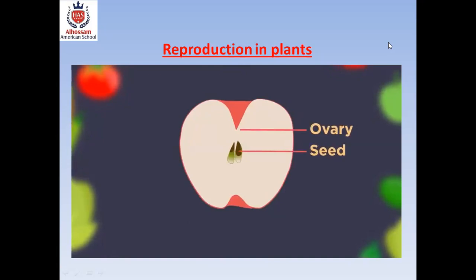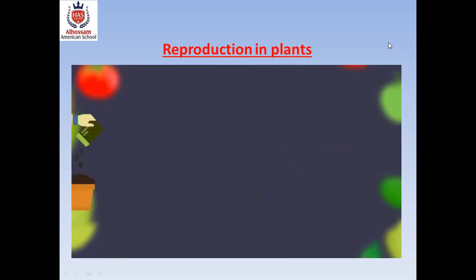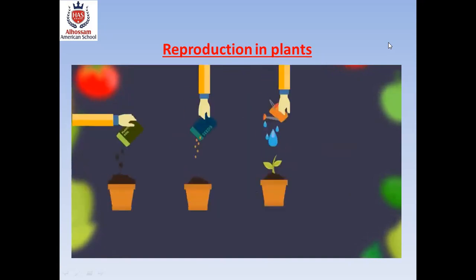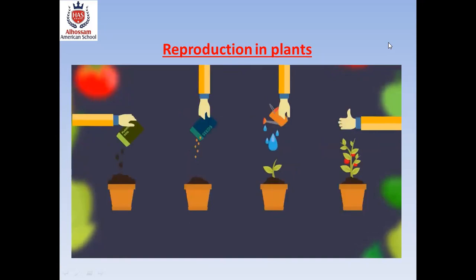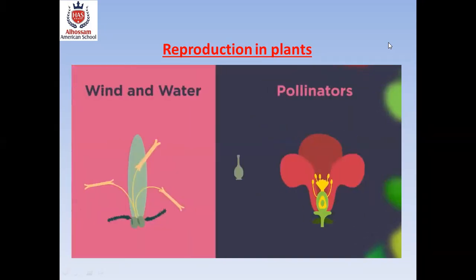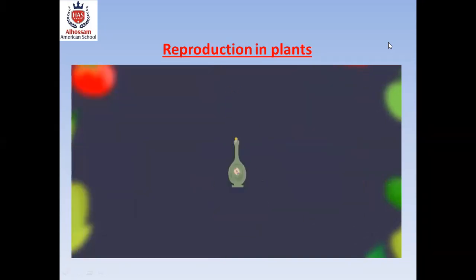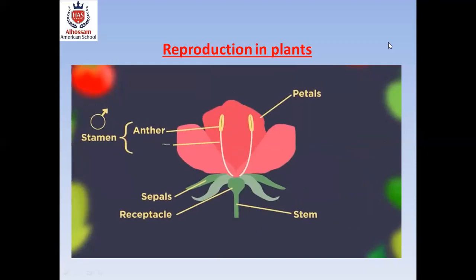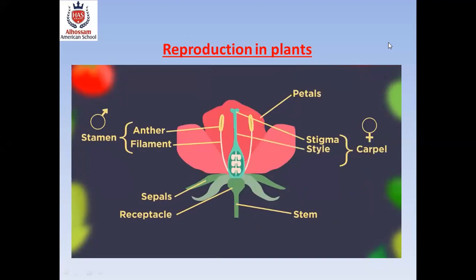The fruit and seeds are dispersed in many ways, some even by humans, where they will again grow into a new plant under the correct conditions, completing the long cycle of sexual reproduction in plants. So there we have sexual reproduction in plants. Pollination has to happen before fertilization. The male pollen is produced in the anther, where it is then dispersed during pollination. The female parts of the flower are the stigma, style, and the ovary.